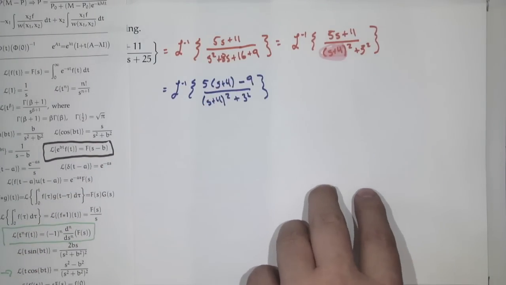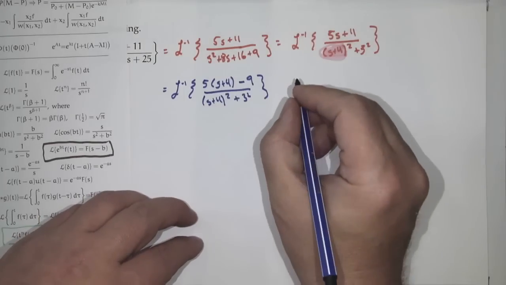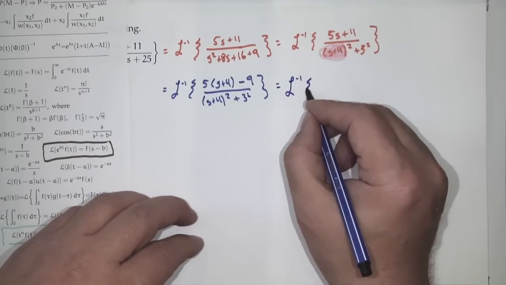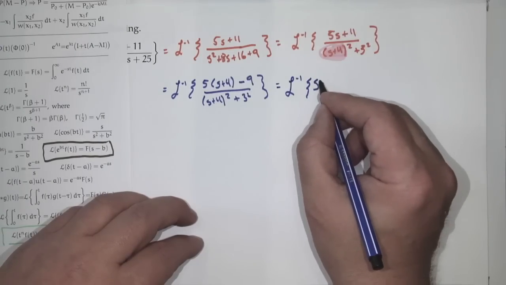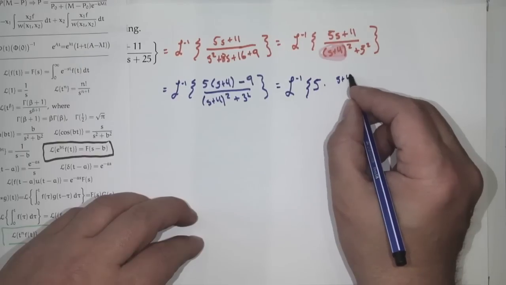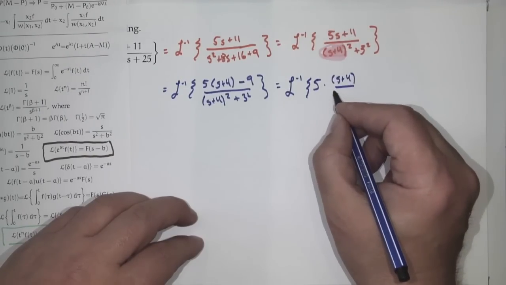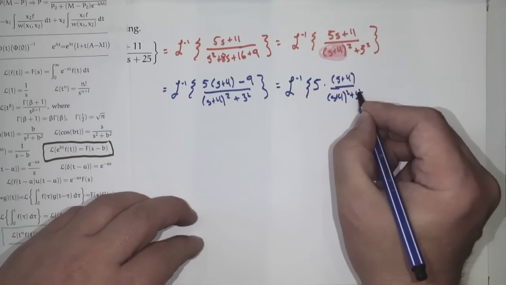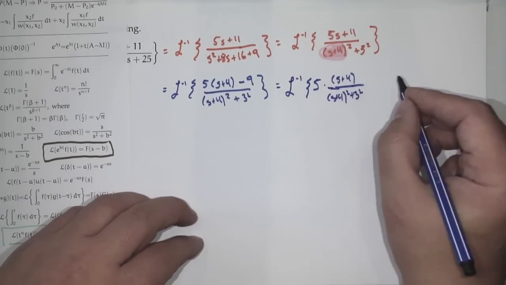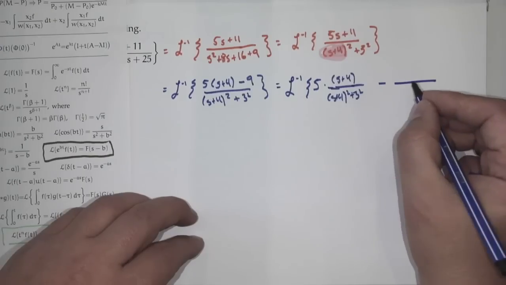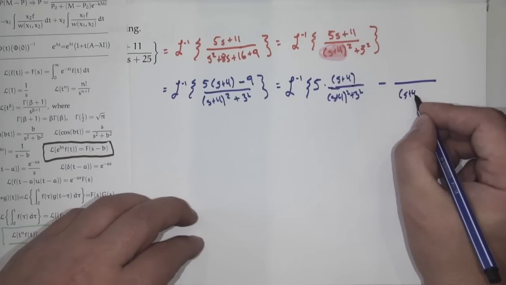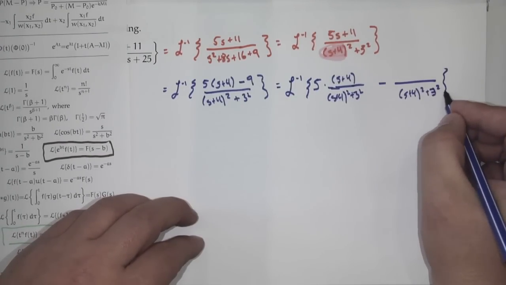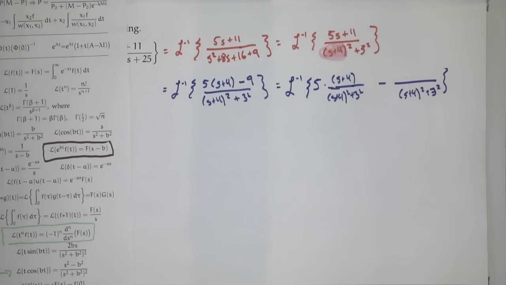And so breaking this up, we'll have 5 times s plus 4 over s plus 4 squared plus 3 squared. That's one piece. And minus something interesting here, over s plus 4 squared plus 3 squared. Now, here's what we're going for.